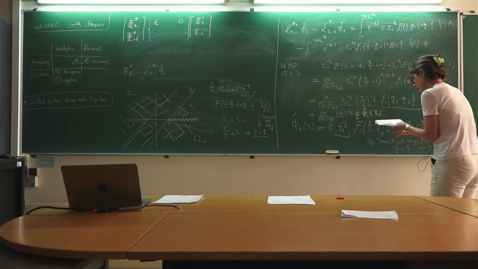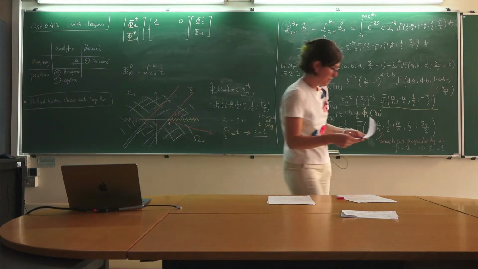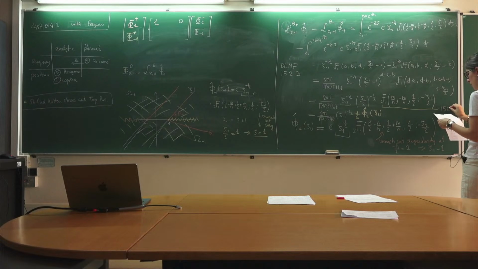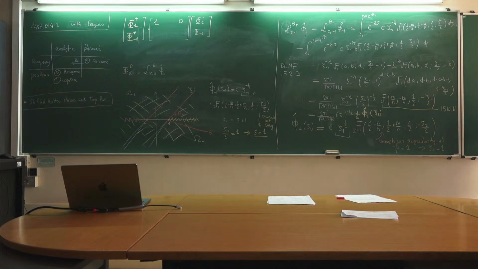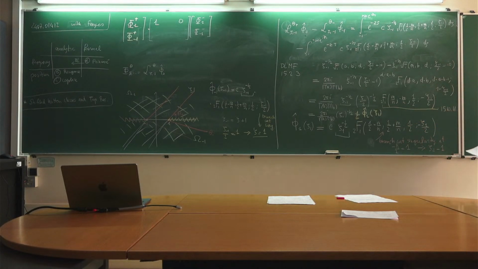So this is what you get putting together, and this again is another formula that you can read from the DLMF. Here we are using 15.10.11. It's just a way to rewrite this hypergeometric function.